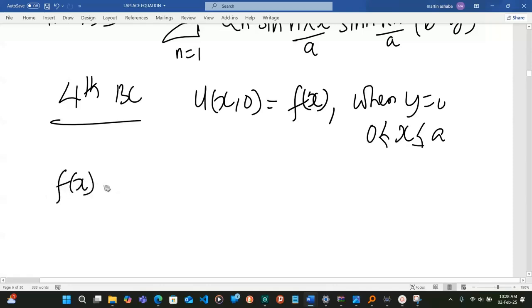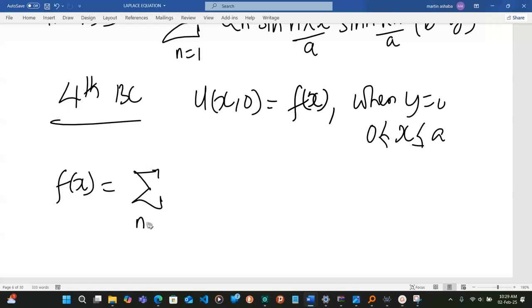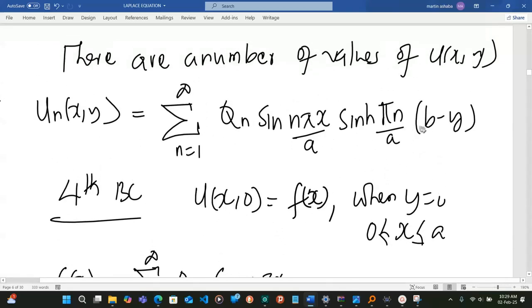So f(x) is going to be the sum from n equal to 1 up to infinity of c_n sin(nπx out of a). If we substitute y equal to 0 in this expression, we shall have the hyperbolic sine of (nπ out of a) times b.